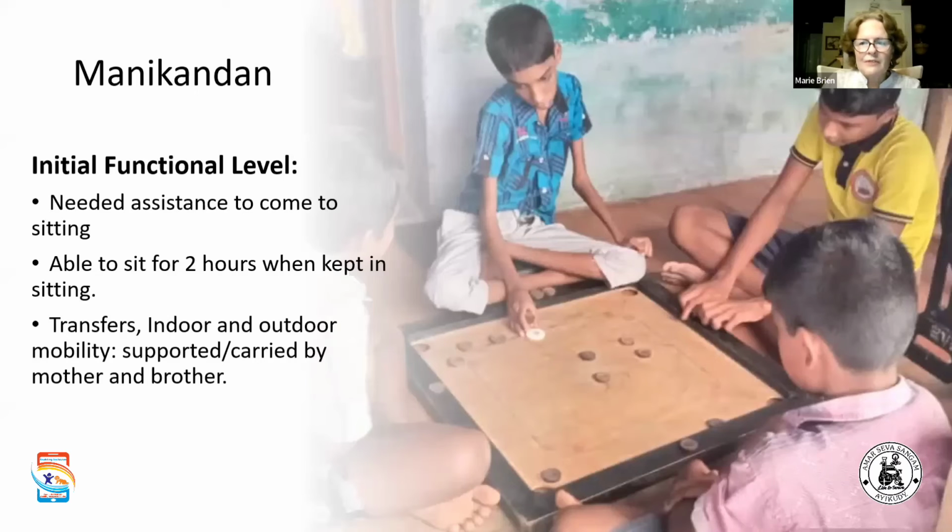His initial functional level was that he needed assistance to come to sitting. He was able to sit for 2 hours when kept in a sitting position. However, for transfers and indoor and outdoor mobility, he was supported and carried by the mother and the brother.